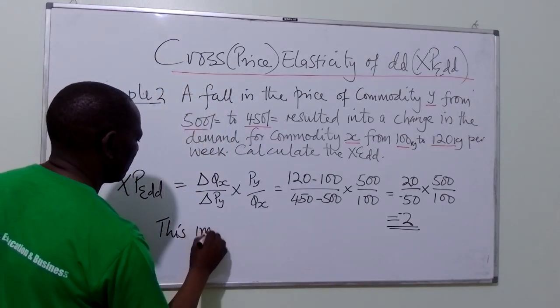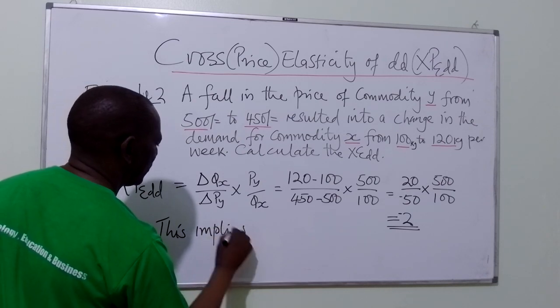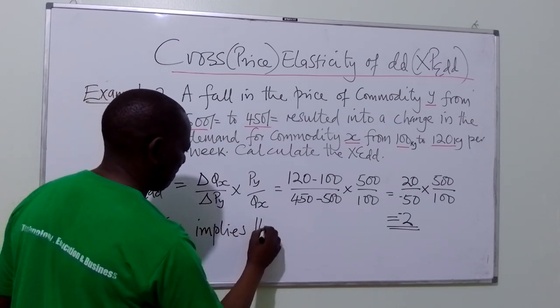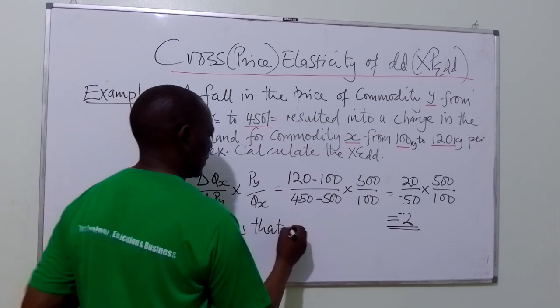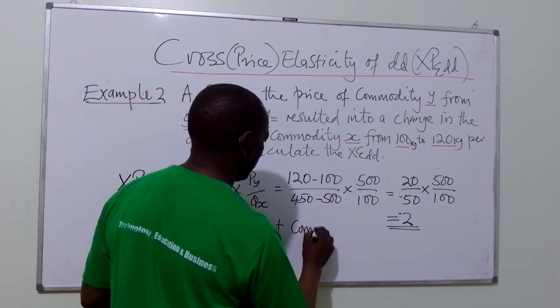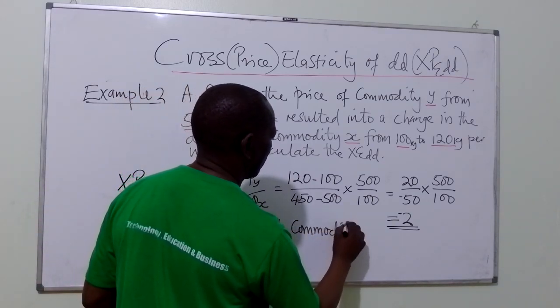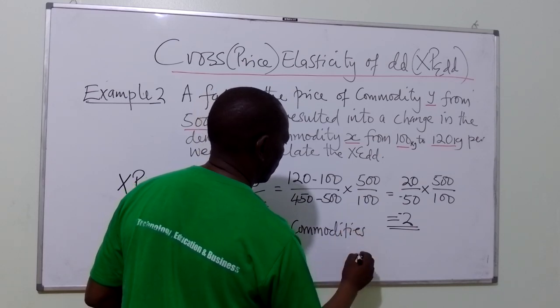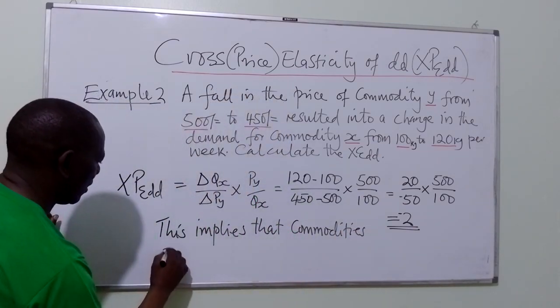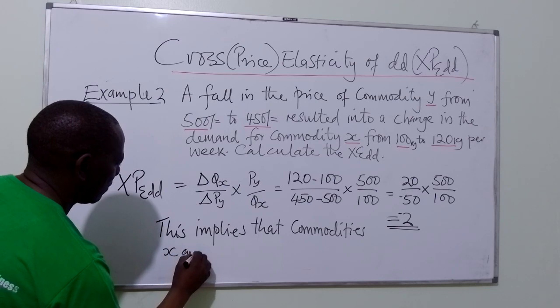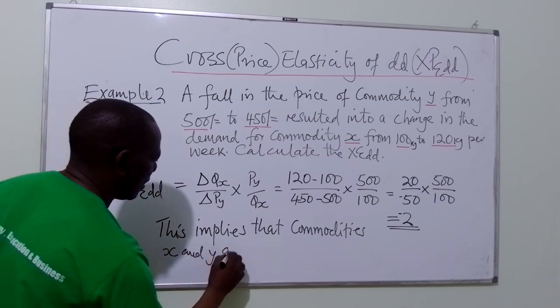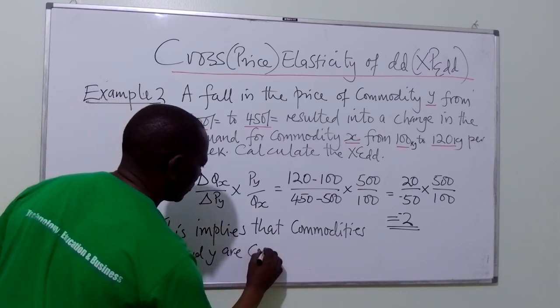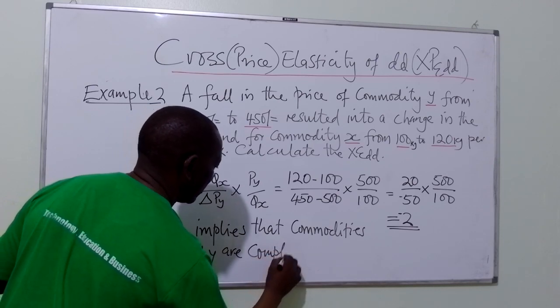Now, when you get negative 2, this implies that commodities X and Y are complementary.